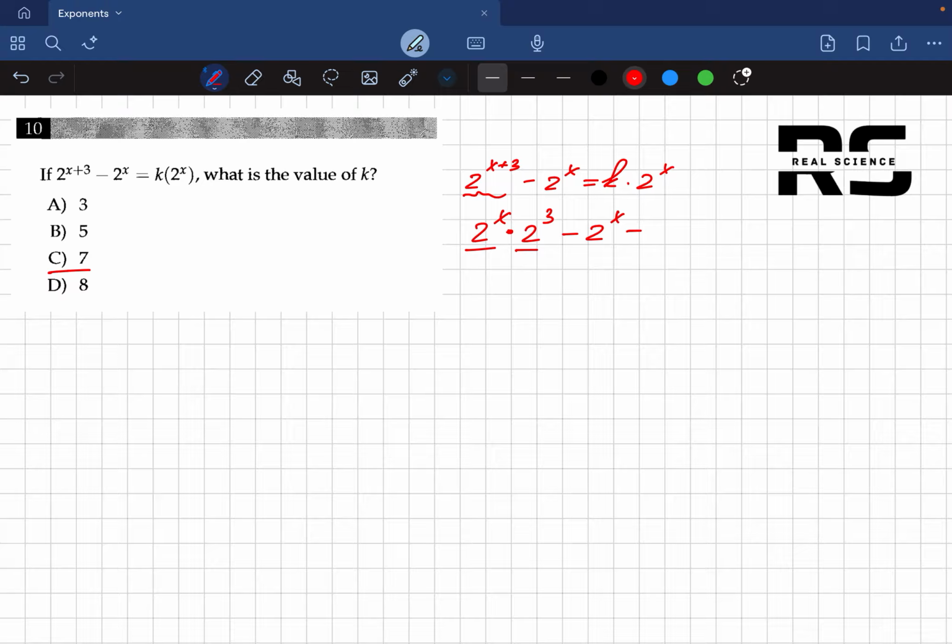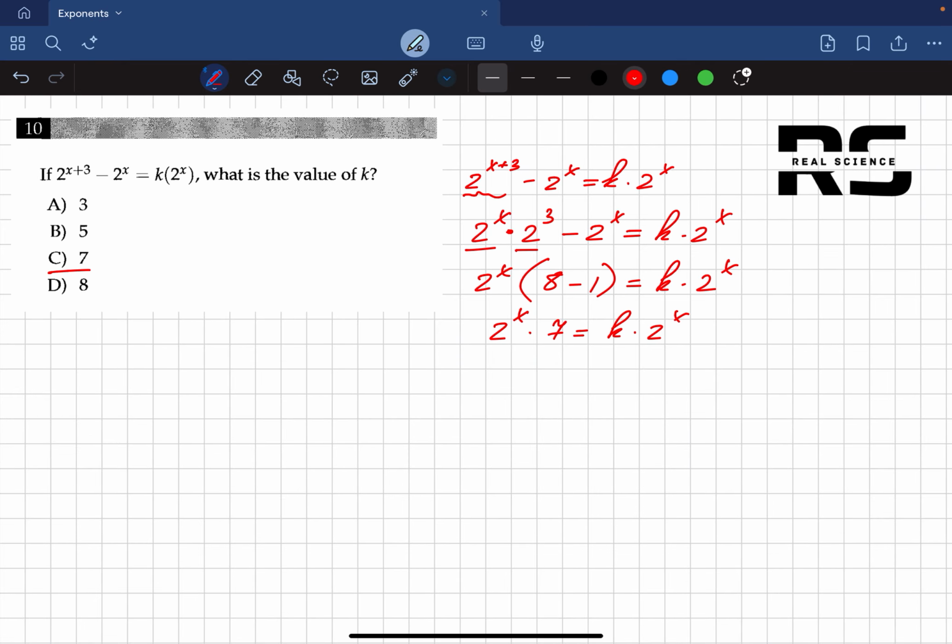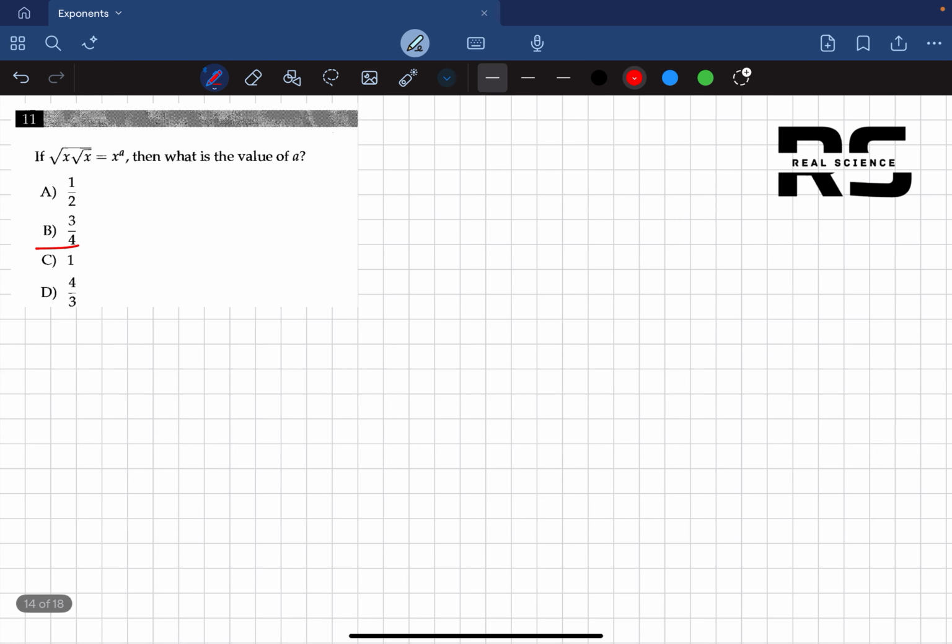Minus 2 to the power of x is equal to k times 2 to the power of x. So let's take out 2 to the power of x as a common factor. 2 cubed is 8, minus 1 is 7, so 2 to the power of x times 7 is equal to k times 2 to the power of x. So k is equal to 7. That is our answer.